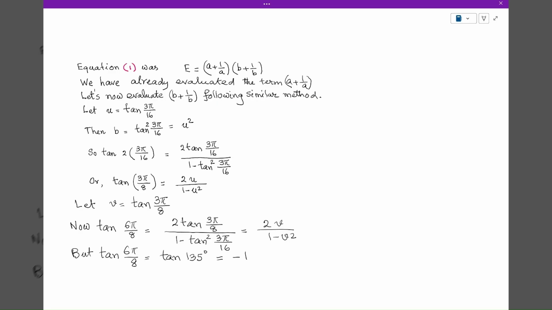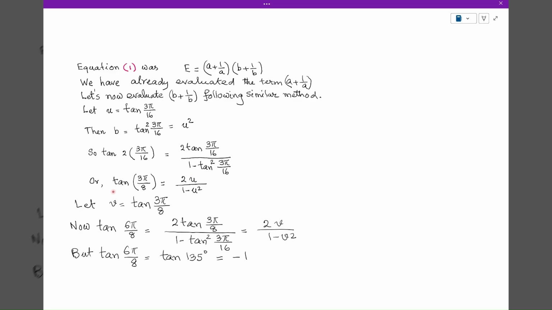Here, let us take u is equal to tan 3 pi by 16. Then B, which we have taken as tan square 3 pi by 16, is equal to u square. So, tan 2 times 3 pi by 16 is equal to 2 tan 3 pi by 16 divided by 1 minus tan square 3 pi by 16.